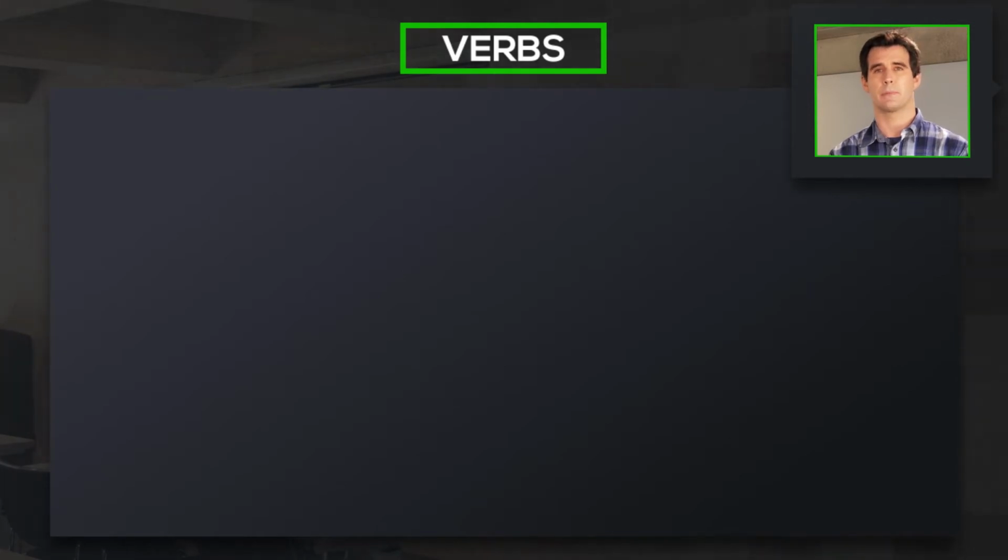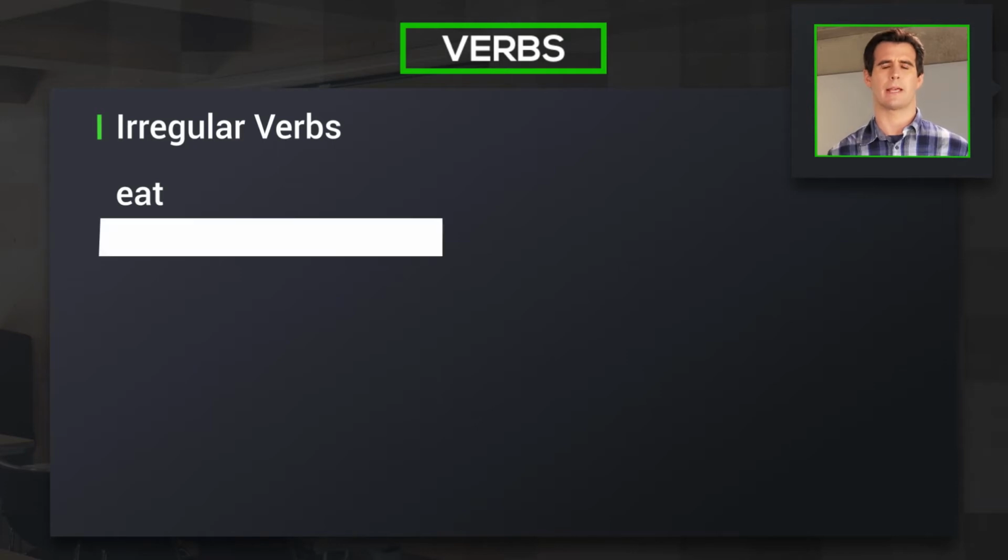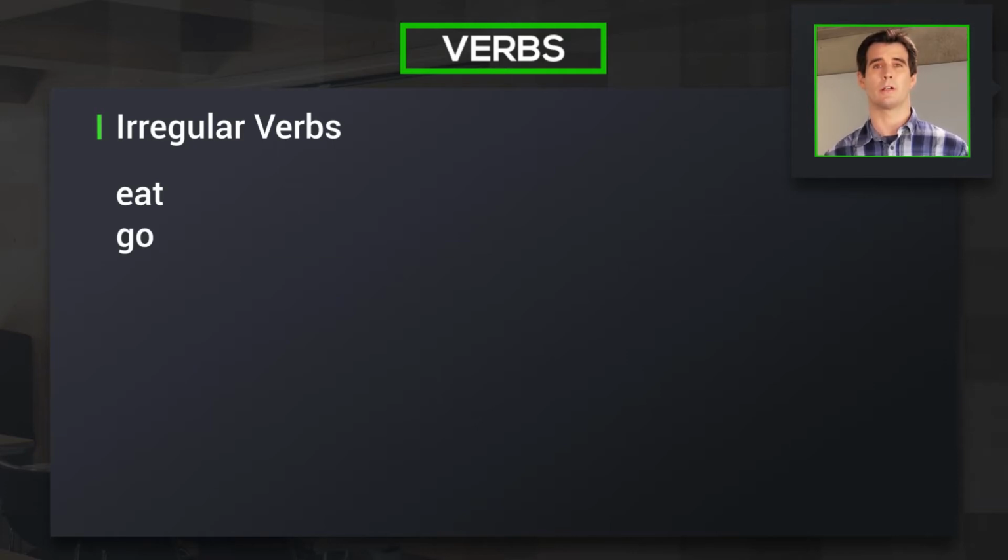The last type can be a little more difficult. This is because there really are no rules that you can remember to help you change these verbs. These verbs are called irregular verbs. Irregular means not regular or special. Verbs like eat and go are irregular verbs.